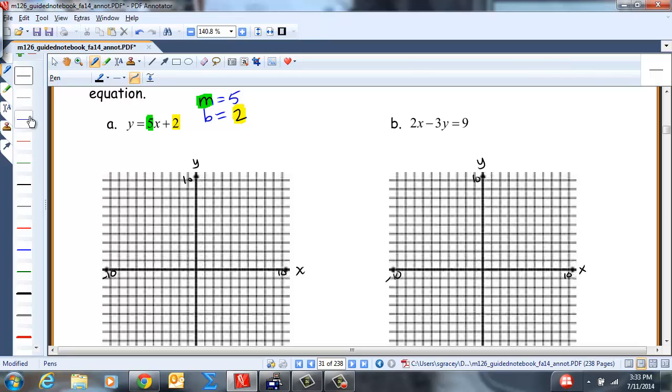Remember, that's the ordered pair (0, 2), because b was 2, and that is the y-coordinate of the y-intercept. And then using the slope, we can get as many points as we need. So the slope is 5. So we can either go 1, 2, 3, 4, 5 up and 1 to the right to get the second point, or we can go 1, 2, 3, 4, 5 down and 1 to the left. And then you just make the picture of your line.